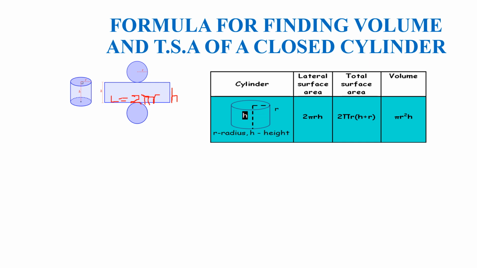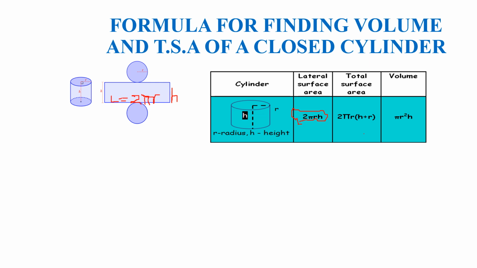That's why here you are seeing 2 pi r h, whereby 2 pi r is the length of a rectangle and h is the width of the rectangle. So total surface area is 2 pi r into h plus r.